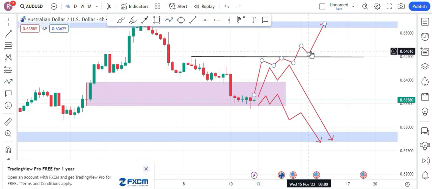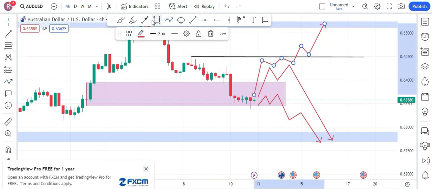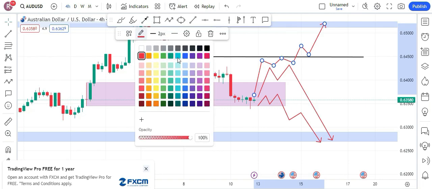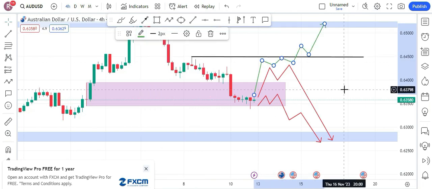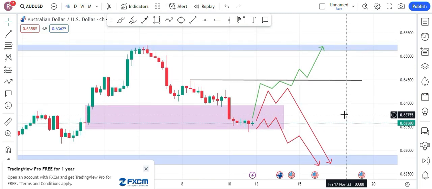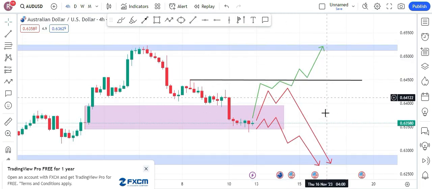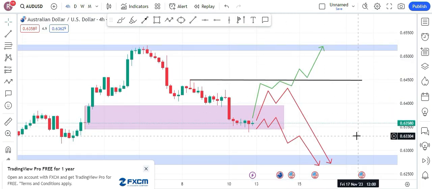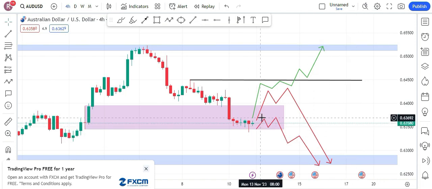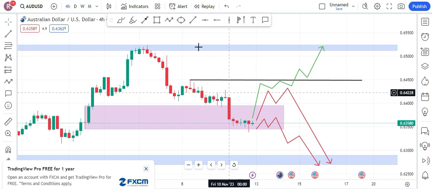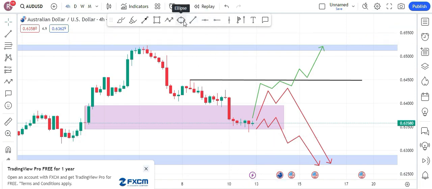So these are the two scenarios at the moment for AUD USD, and mostly next week will be dominated by US data coming out on this price action I have drawn. So watch out for this. Let me draw the downside too.